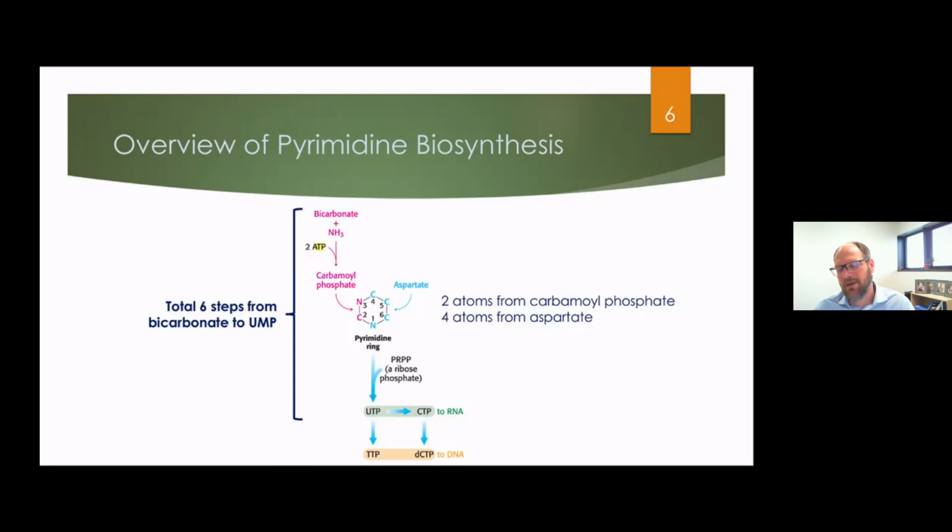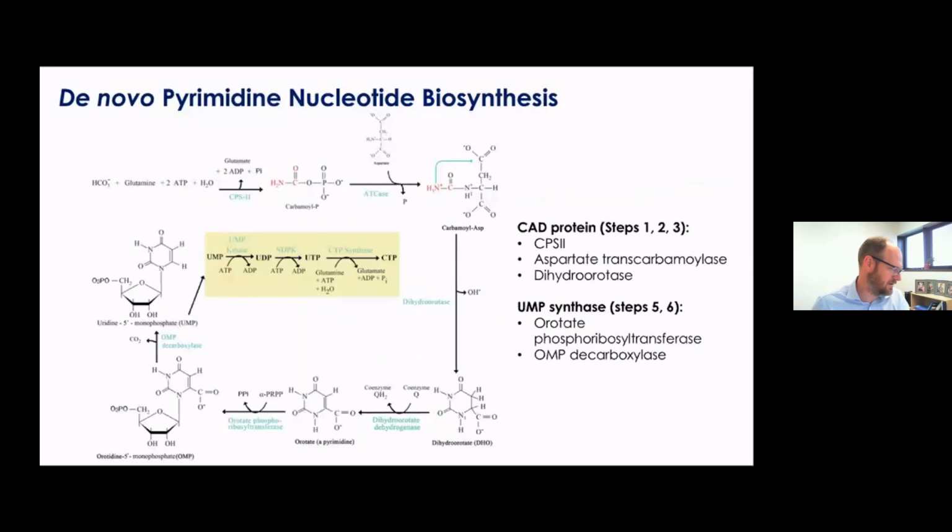Then we use PRPP, the activated ribose, just as we did in purine biosynthesis. So we have two atoms that come from carbonyl phosphate, 4 atoms that come from aspartate, and a ribose that obviously comes from the PPP. So that's the overview. Let's talk about each of the individual steps.